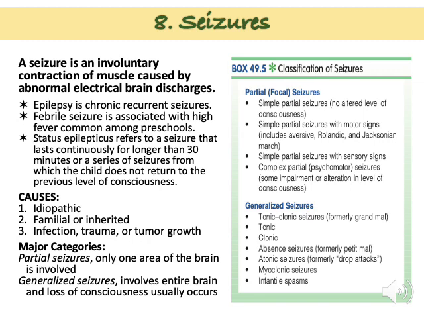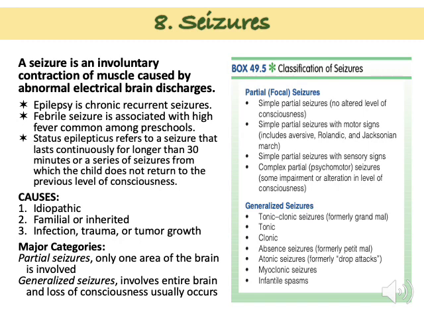There are several causes of seizures: idiopathic, familial or inherited, or could be from an infection, trauma in the brain, or tumor growth in the brain. But among all these, almost half of seizures are unexplained or from idiopathic causes. There are also major categories of seizures.